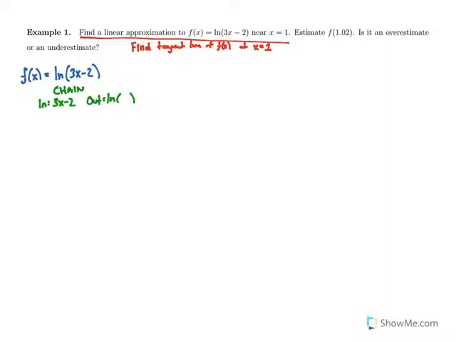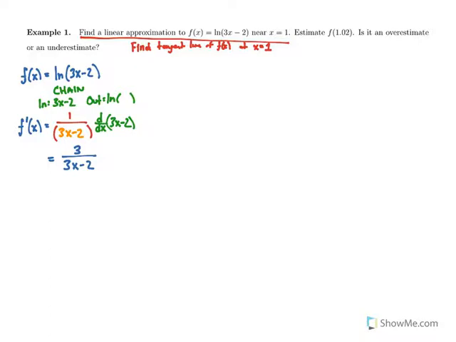The derivative here is going to be the derivative of natural log, which is 1 over something. The something is the inside function. And we are going to multiply by the derivative of the inside function, which is going to be a 3. So we can write our derivative as 3 over 3x minus 2.